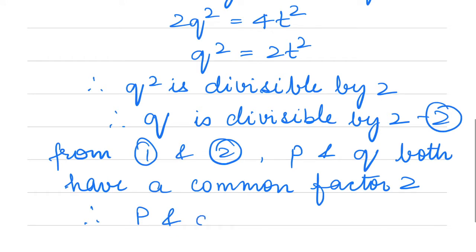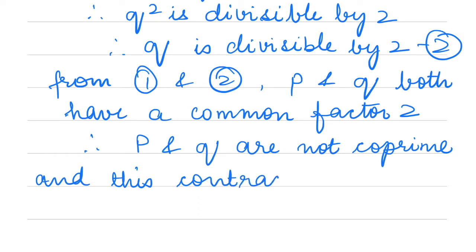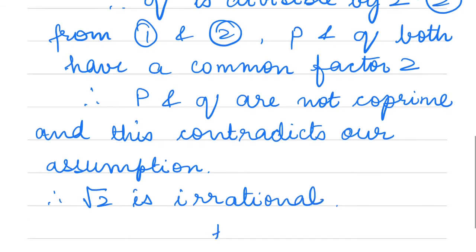Therefore, P and Q are not co-prime. And this contradicts our assumption. Therefore, root 2 is irrational. Hence proved.